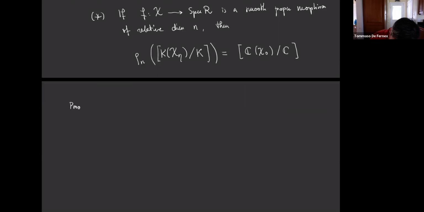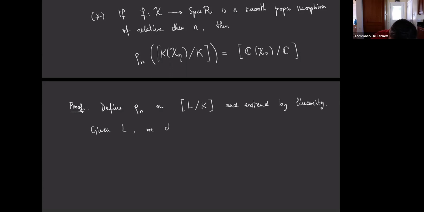Okay, so proof. We can define rho_n on an element of the form L over K, for some field L over capital K, the generic point, and extend by linearity. Okay, so given L, we choose two things.